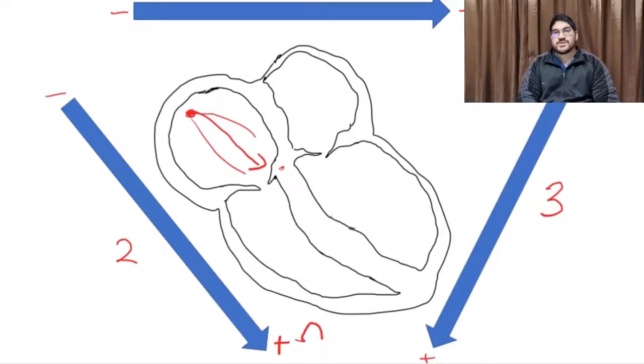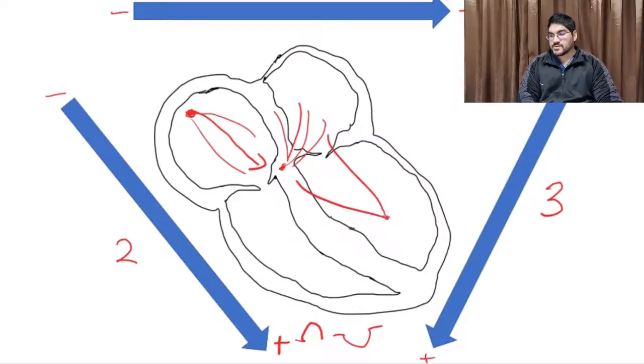But let's say the P-wave is generated by something else, right? If it's generated by the AV node, then what's going to happen is the P-wave is going to spread outward, right? So you'll have a negative P-wave coming up. Or if it comes from the ventricle down here, it'll have to go from ventricle up, right?